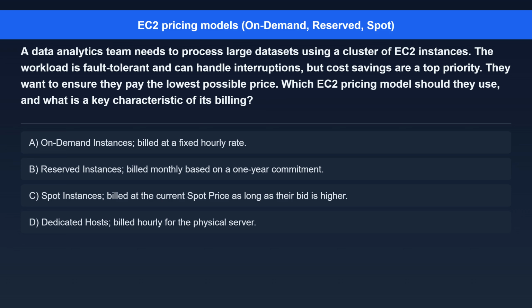Option A. On-demand instances. Billed at a fixed hourly rate. Option B. Reserved instances. Billed monthly based on a 1-year commitment. Option C. Spot instances. Billed at the current spot price as long as their bid is higher. Option D. Dedicated hosts. Billed hourly for the physical server.